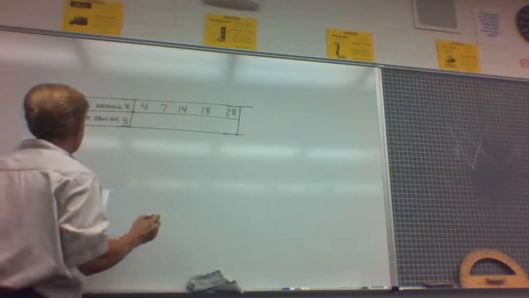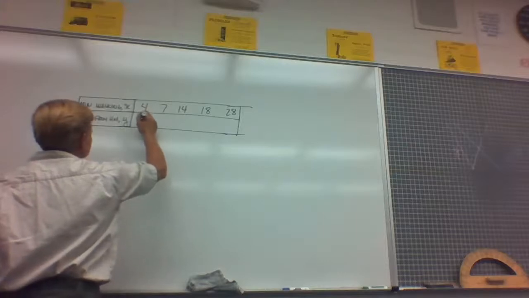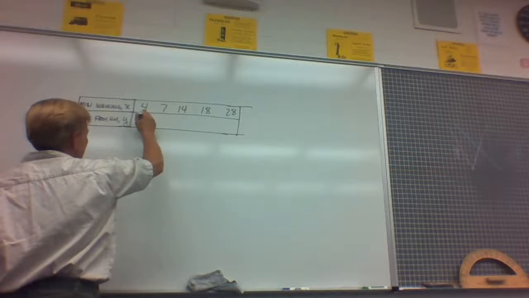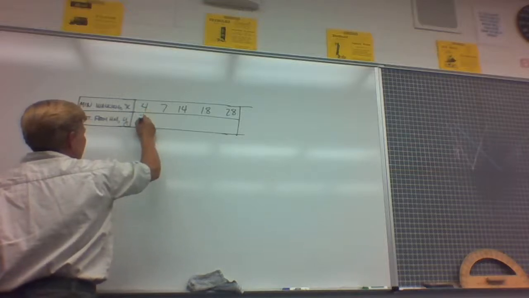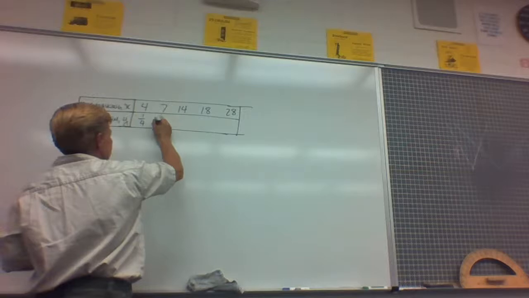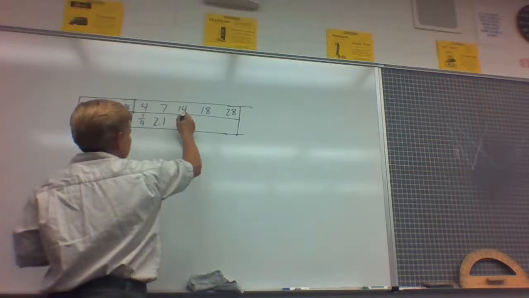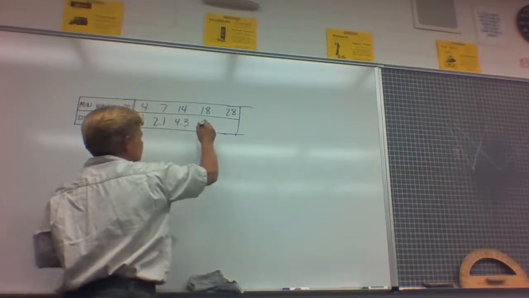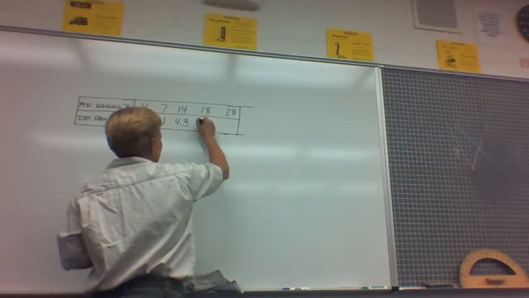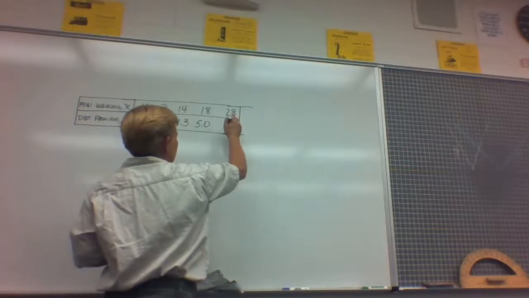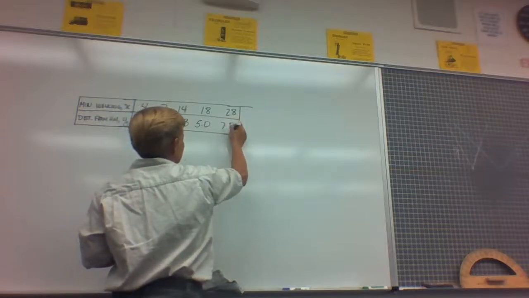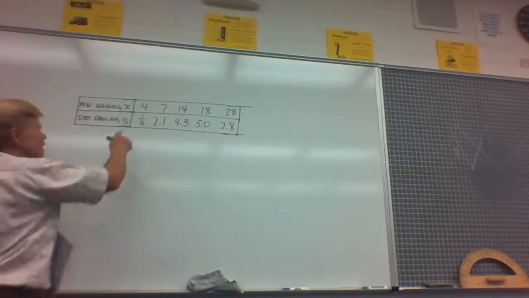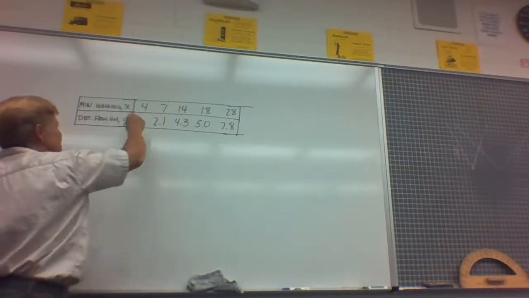And then below them it would be something like 1/4, 2.1, 4.3, 5.0, and 7.8, something like that. Okay, they'll have this as a decimal too, so I'll put 0.25.